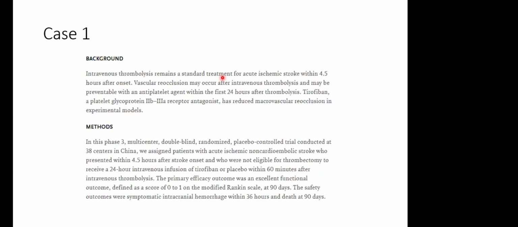So what type of an RCT is this? Or answer in the Q&A. Anyone?